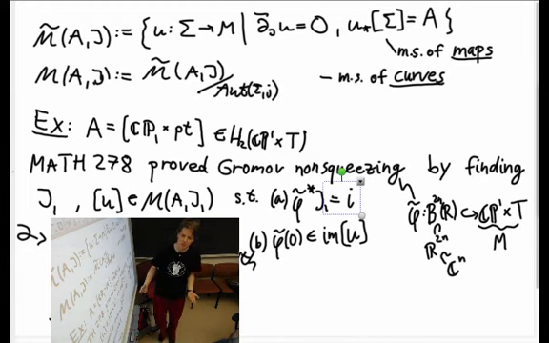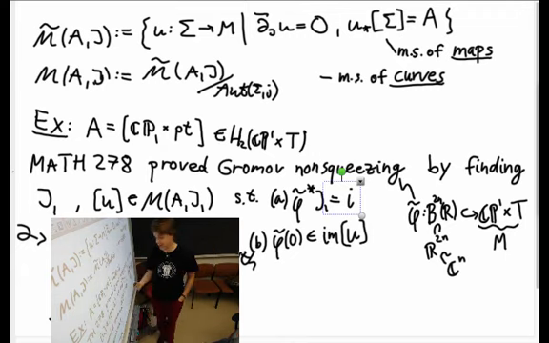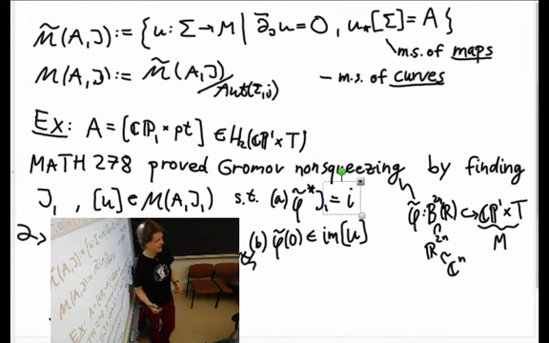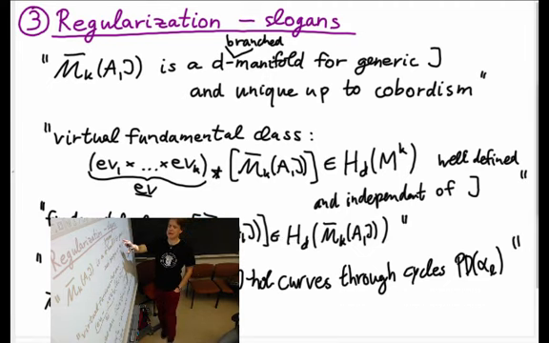So that's the reason I feel I have a right to say regularization is hard, because I make mistakes. So that was an example of getting zero manifolds for some J's and having cobordisms.